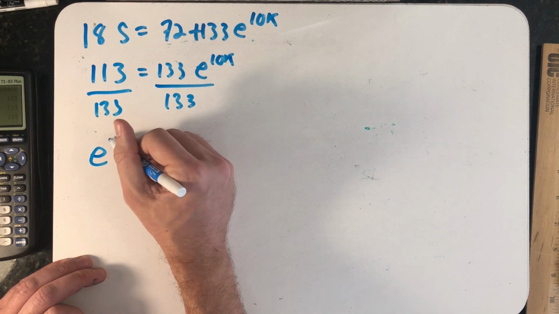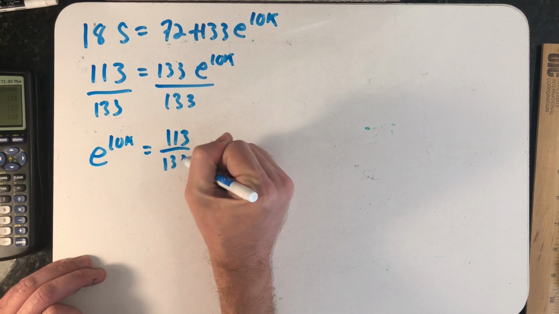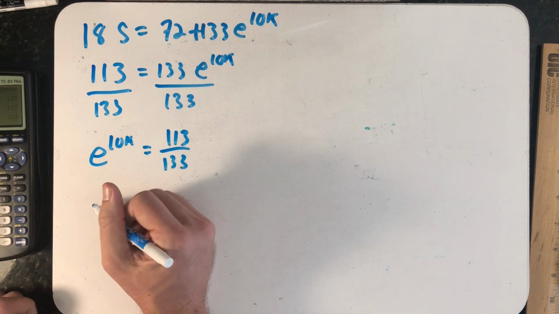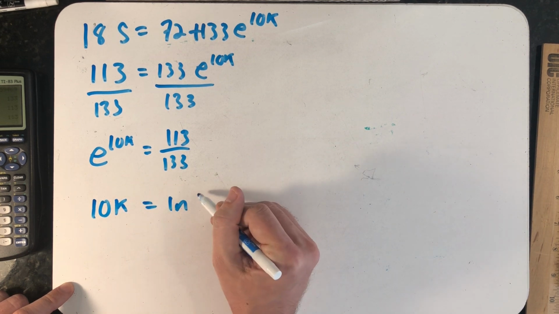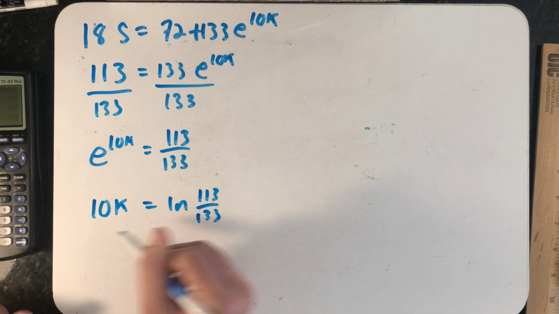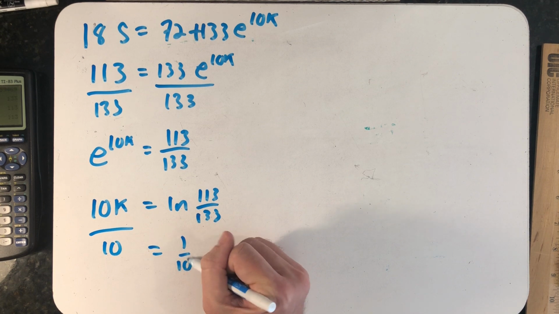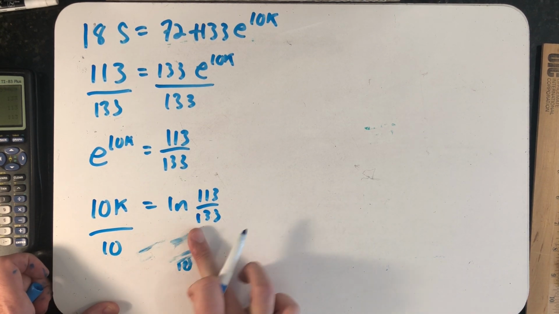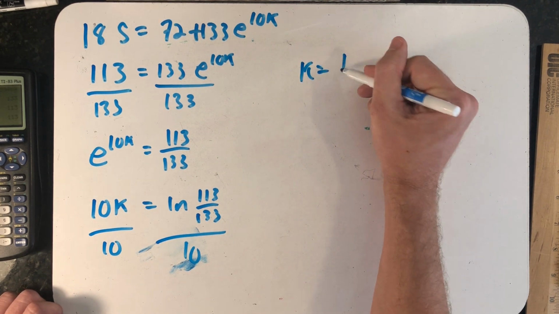So e to the 10k is equal to 113 over 133. I'm going to rewrite this as a logarithm. It's a natural log because I was dealing with a base of e, and now I can just imagine dividing by 10, which I'm going to write as a 1/10 on the other side in a minute, just to make it a little easier to deal with.